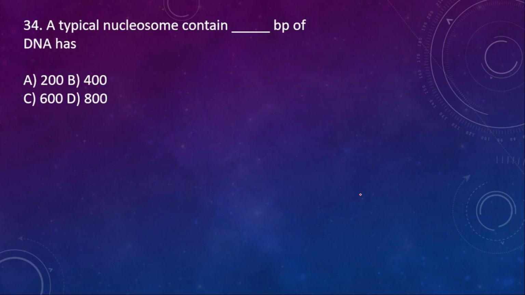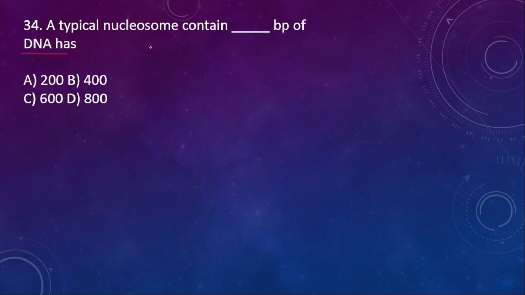Next question, that is question number 34. A typical nucleosome contains dash base pairs of DNA. What is a nucleosome actually? It is a basic structural unit of DNA packaging in eukaryotes. What is a basic structural unit?